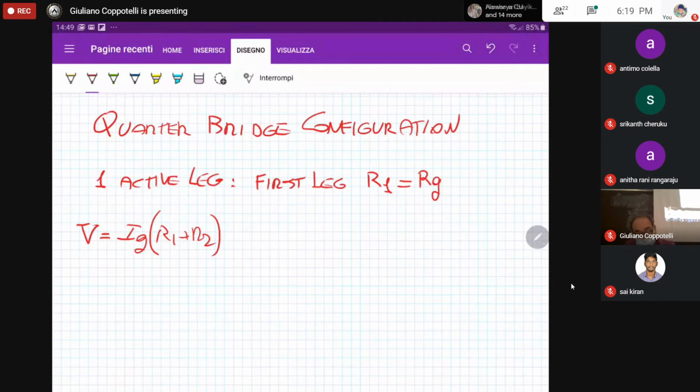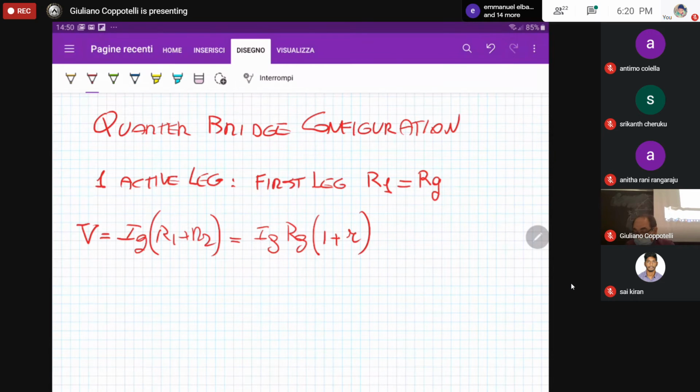Just remember or go back to your notes at the very beginning of this. We can rewrite that equation just by putting aside the strain gauge resistance. So we can say that this is equal to Ig Rg times 1 plus lower R, that is the ratio between the two resistances.